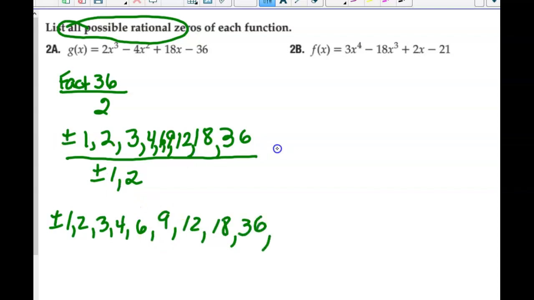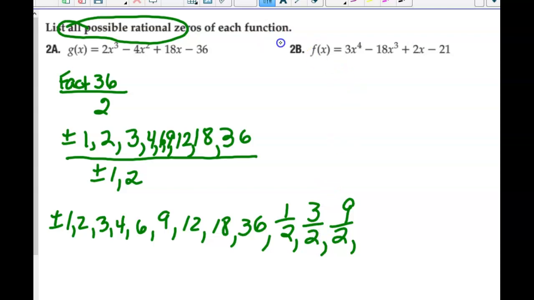But what happens when I go back and put those all over 2 down here? 1 over 2 also adds positive and negative 1/2 to our list. 2 over 2, that's 1, it's already on our list. 3 over 2, not on our list. 4 over 2, it's already on our list. 6 over 2, 9 over 2, 12 over 2 is 6, 18 over 2 is 9, 36 over 2 is 18. So did we hit them all? So there's a lot, yes, because they're all positive or negative.